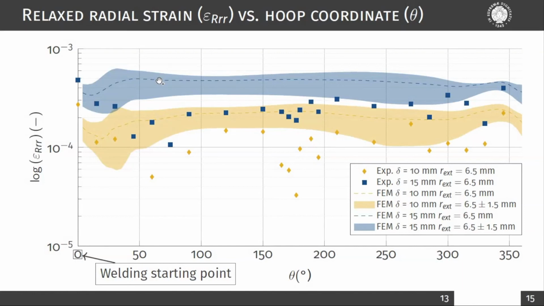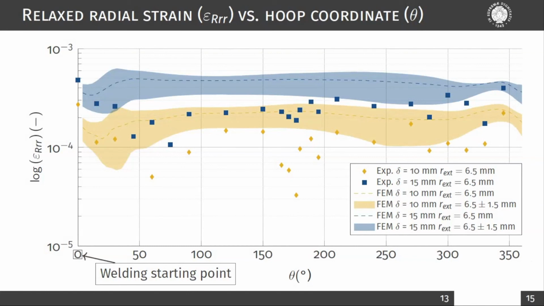The strains for both experimental and numerical results have not a constant distribution over the angle theta. For instance, the highest strain values are generally found in the proximity of the welding starting point, so for theta equal to 0 or theta equal to 360 degrees.